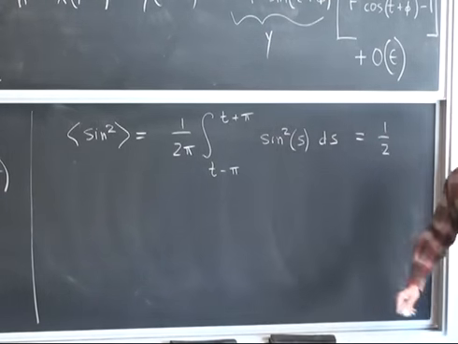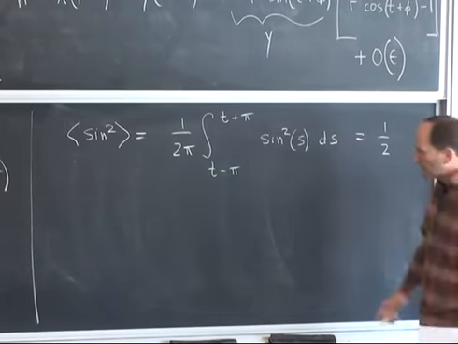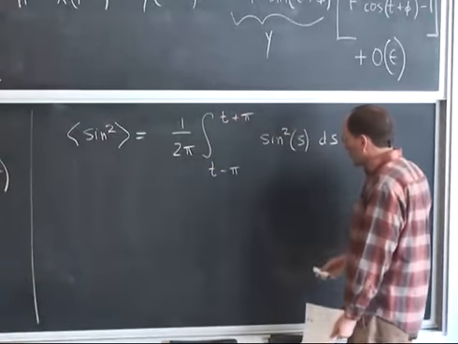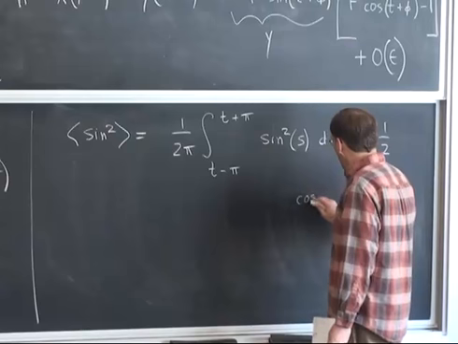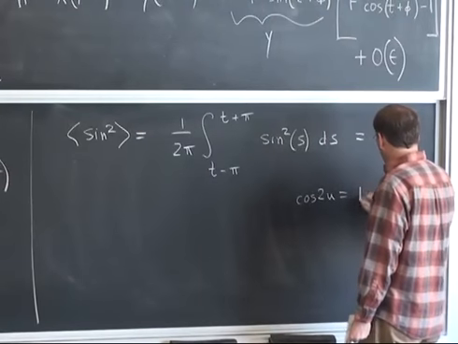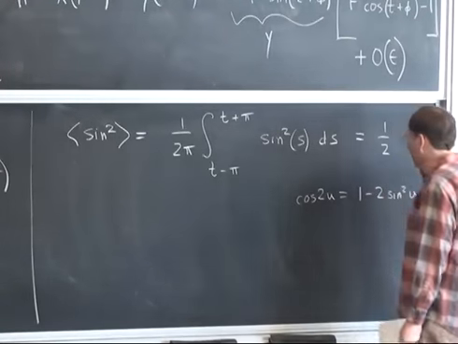Now, how do I know that? There's a lot of ways to know that. So here's one way, let me give you the intuition why it's a half. If you don't know this, you can always do it by using the double angle formula. You could say cosine of 2u equals 1 minus 2 sine squared u.